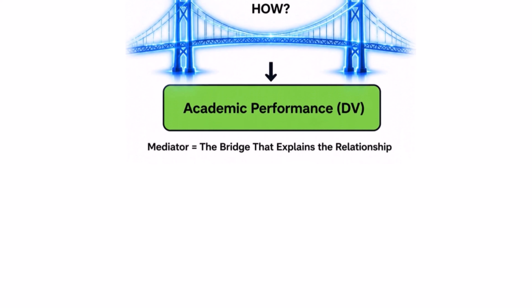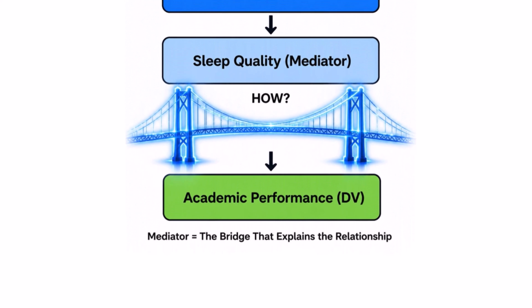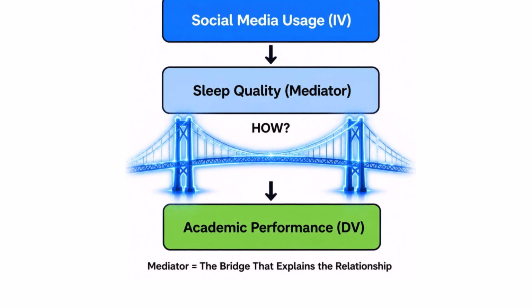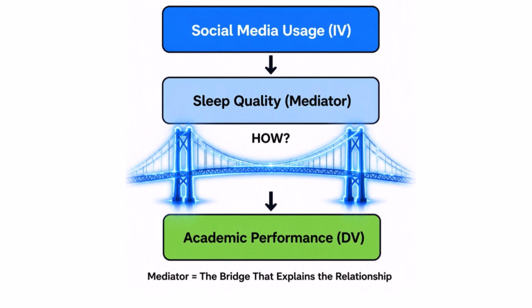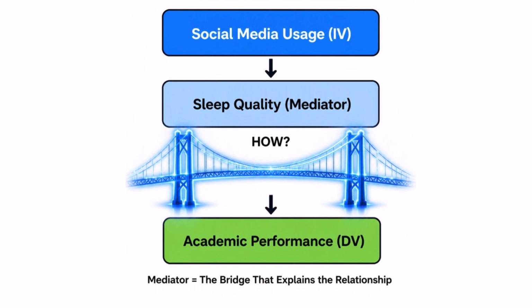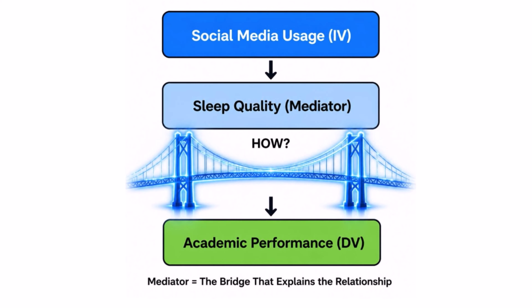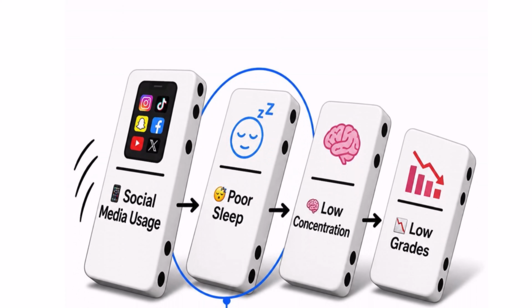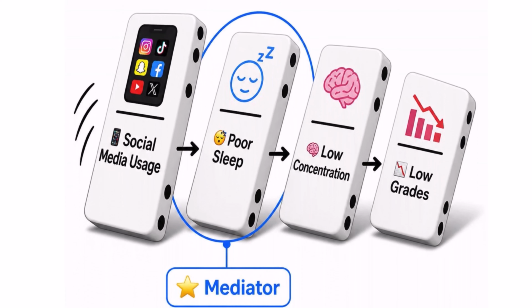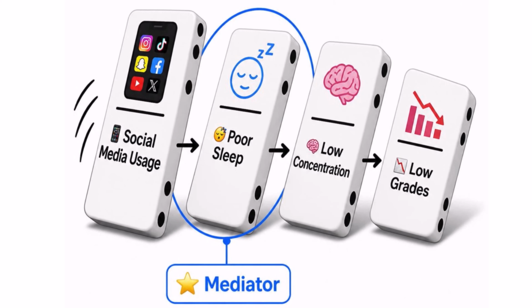Step 4. Find mediating variables. This is where many students get confused. A mediator answers the question, how does the independent variable affect the dependent variable? Imagine this situation. Students spend 6 hours daily on social media. Will their grades decrease immediately? Not necessarily.